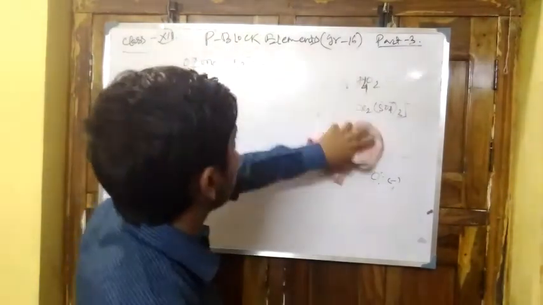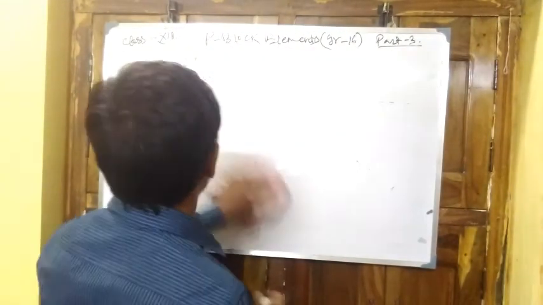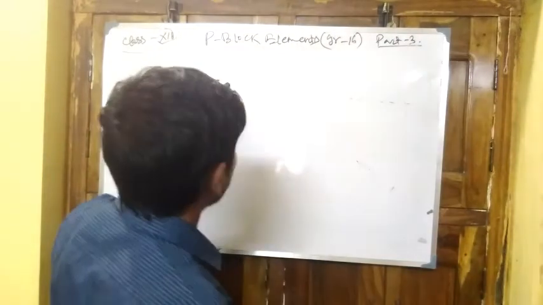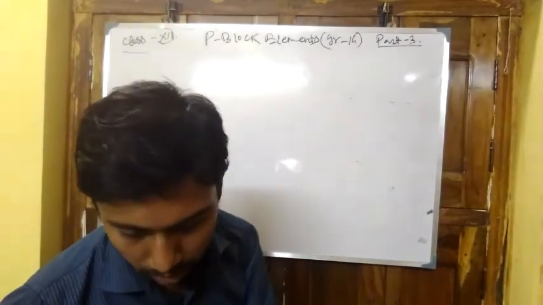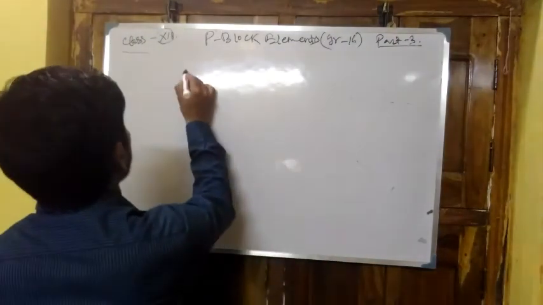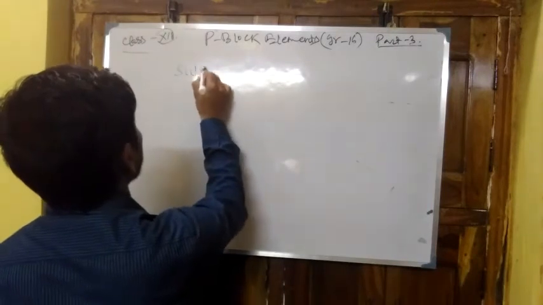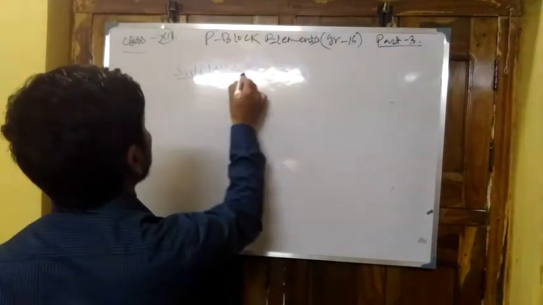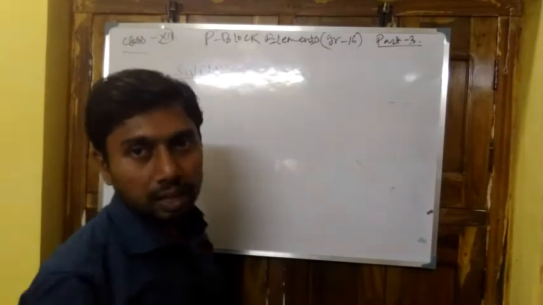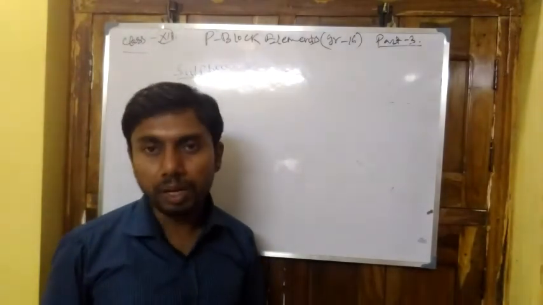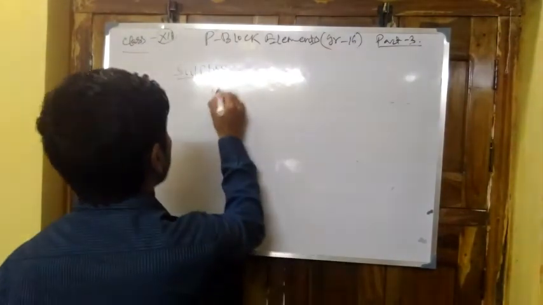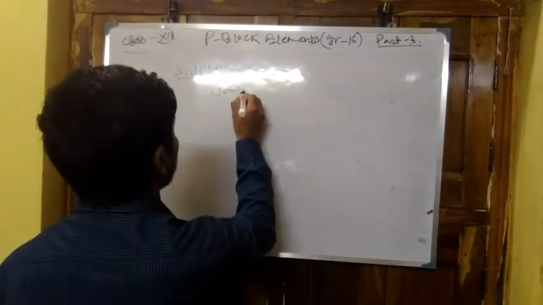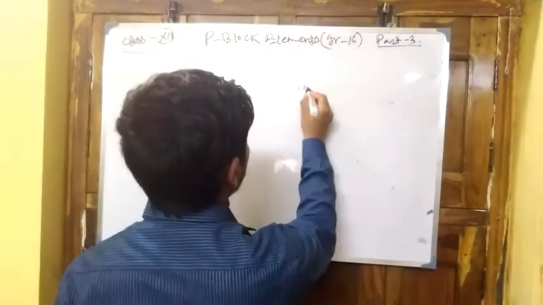Now there are two allotropic forms of sulfur present in nature, that is rhombic sulfur and monoclinic sulfur.